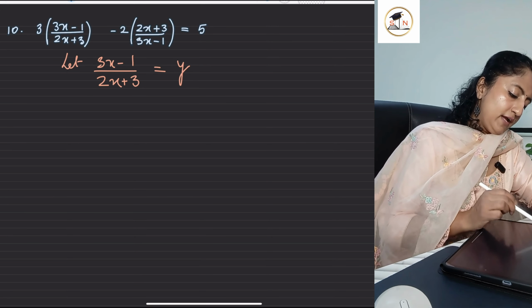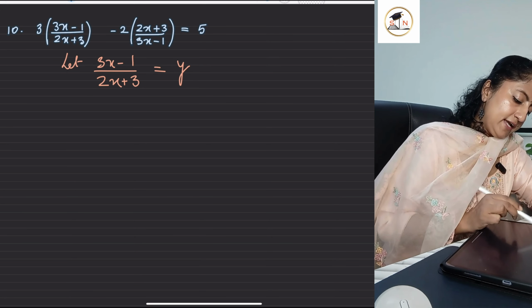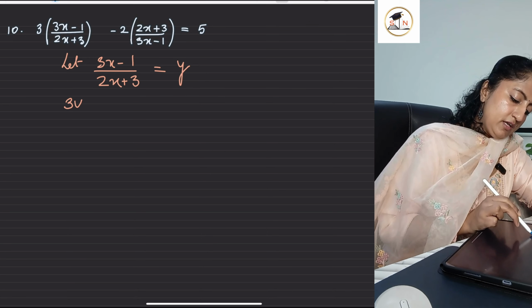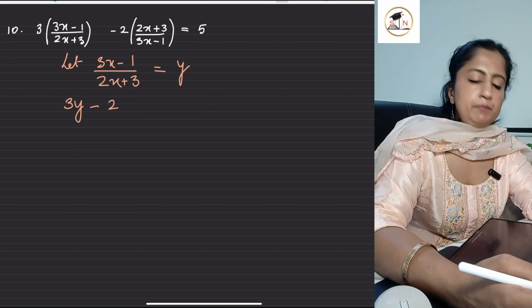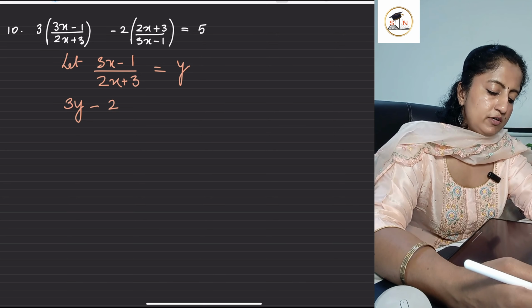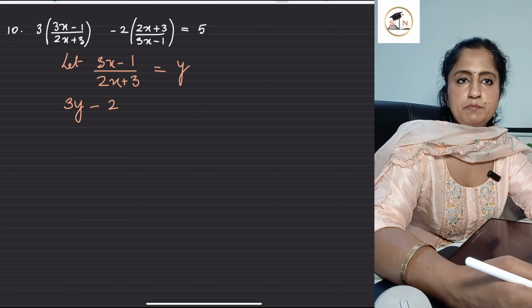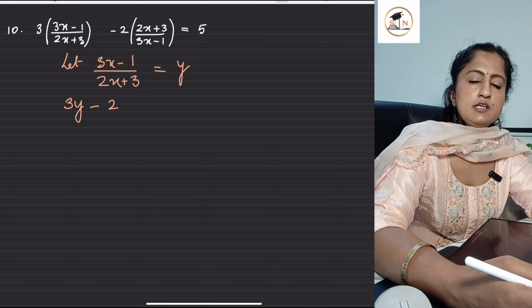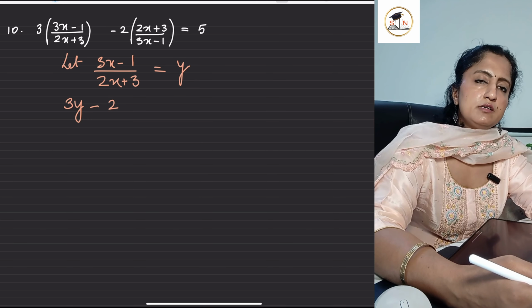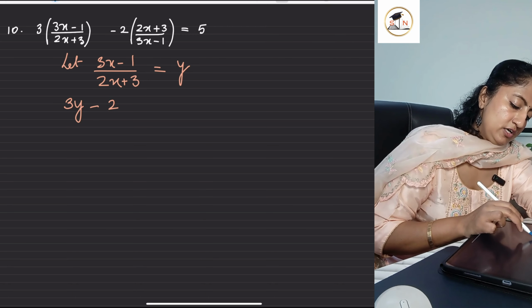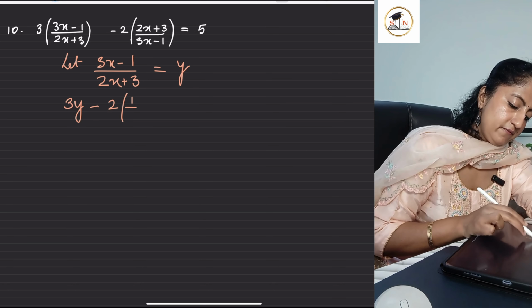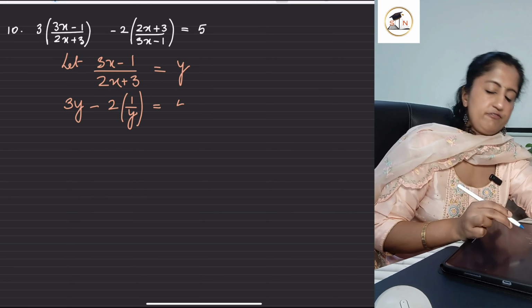So now what we have? We get 3 times y minus 2 times, and what is going to be in place of 2x plus 3 over 3x minus 1? It is just a reciprocal of the previous, right? So it is going to be a reciprocal of y also. And hence, 2 times 1 by y equals 5.